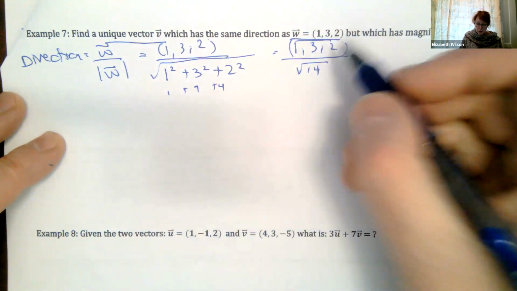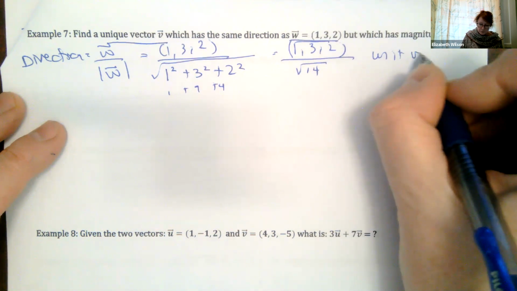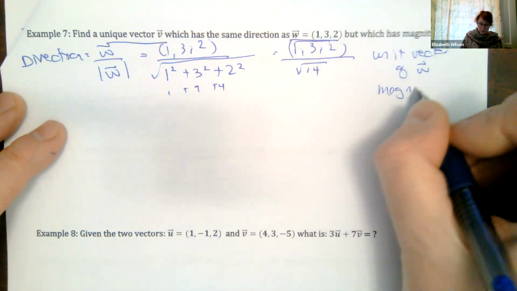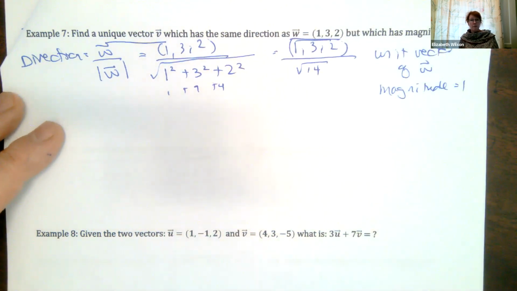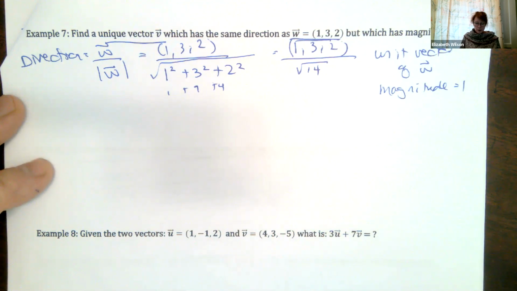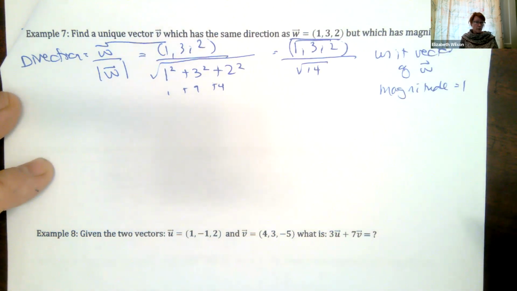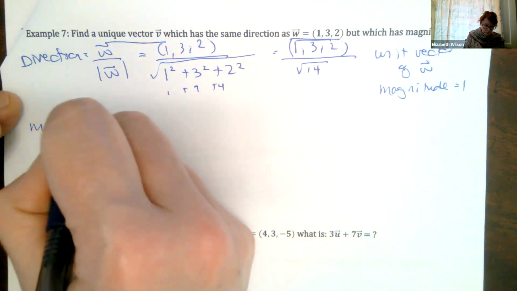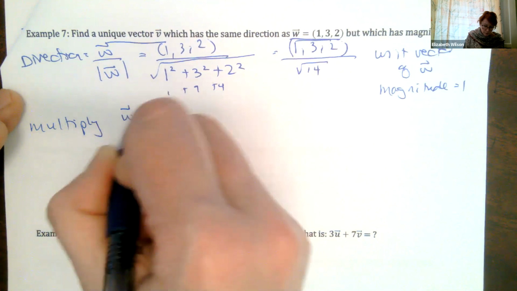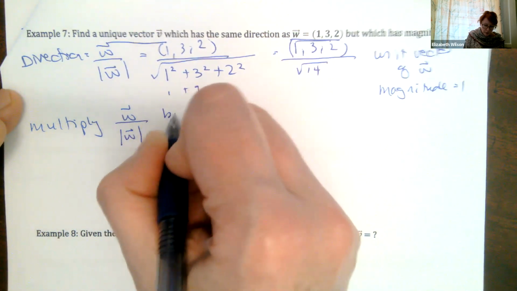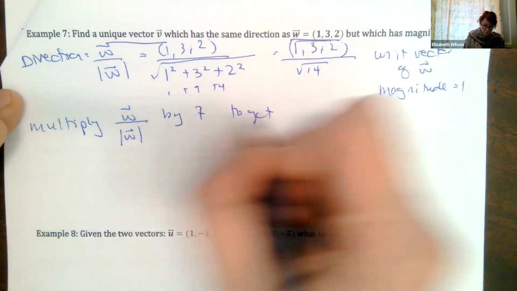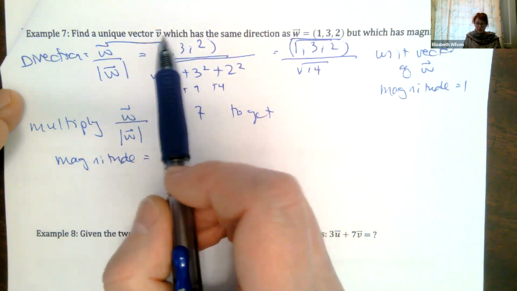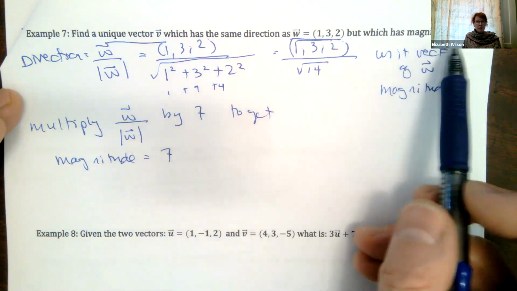So this is our unit vector of w. This has a magnitude equal to 1. It's a unit vector, so its magnitude is equal to 1. If I multiply it by 7, it'll have a magnitude equal to 7, because we want a unique vector which has the same direction but has a magnitude equal to 7.